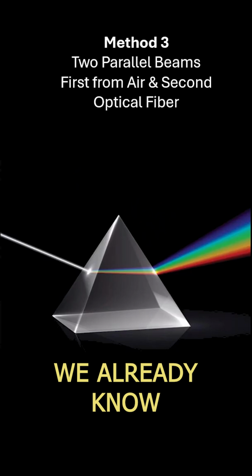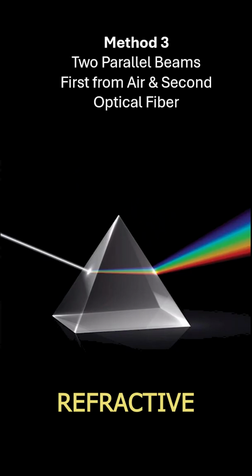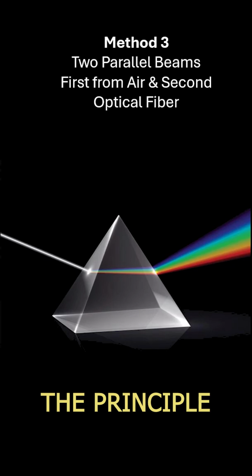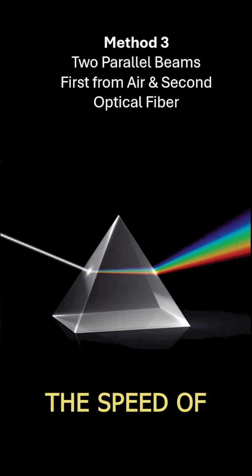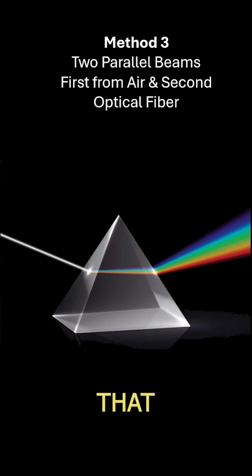Now we already know the refractive index of glass, which is based upon the principle that whatever the speed of light is in that particular direction, it is always going to carry that same 1.5 ratio between the speed of light in air and in glass.